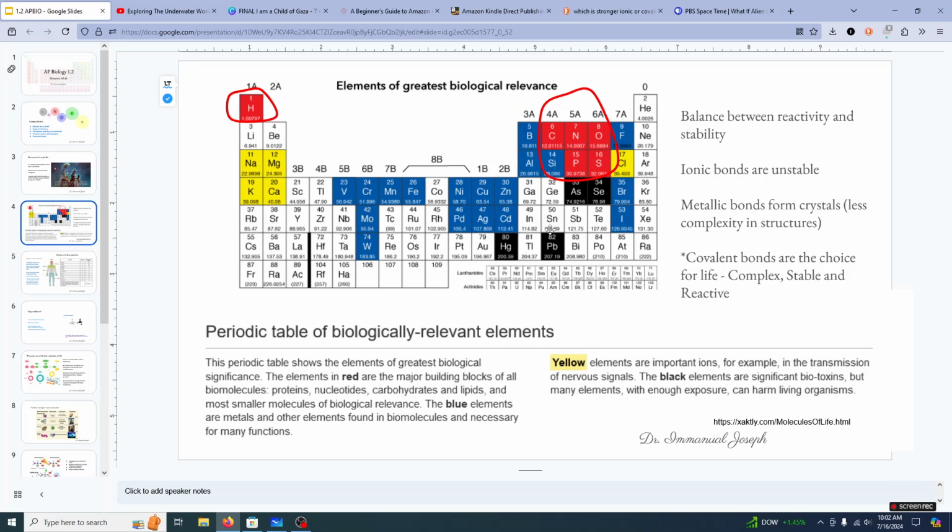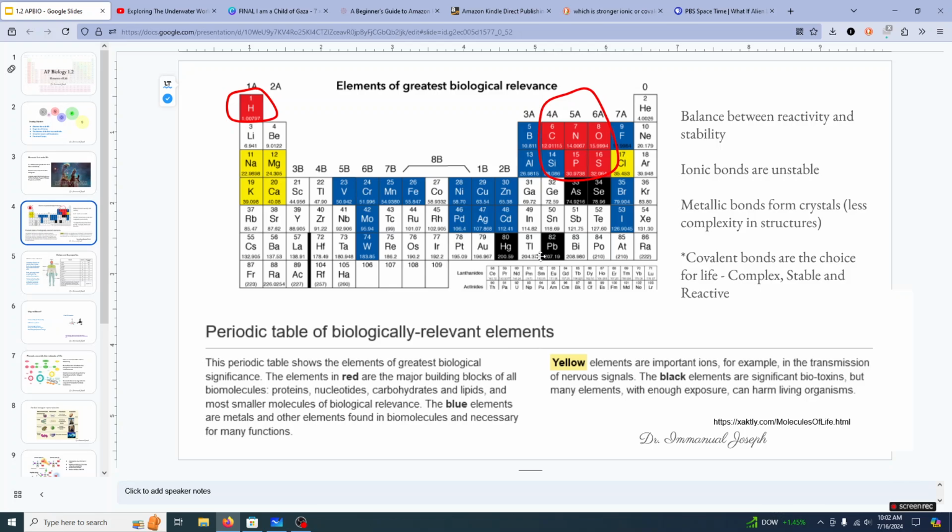Then we had ionic bonds, where there is an exchange of electrons from one element to another element, and the resulting ions are attached to each other using electrostatic forces, which we call ionic bonds. And then we looked at metallic bonds, where atoms are arranged in a crystal-like structure with a sea of electrons between them.